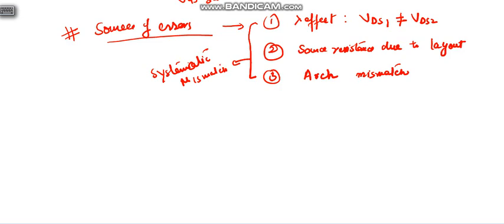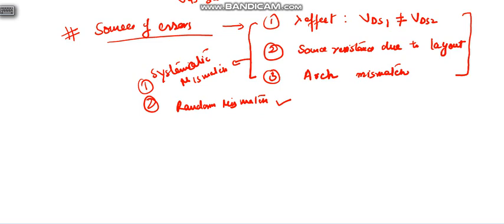There is another type of mismatch which is known as random mismatch. First we will see these three mismatches, then we will go to random mismatch.